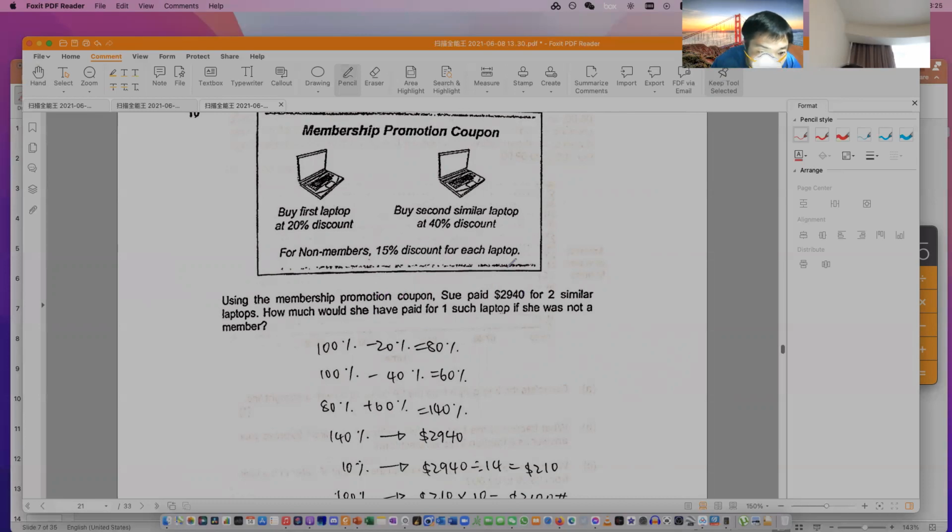So let's say the laptop is X dollars without discount.